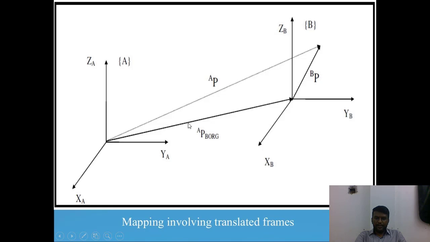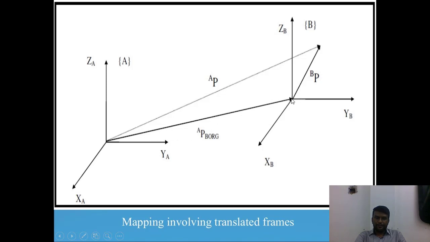This can be written as follows. First, PBORG is the position of the origin of frame B. ORG is the origin, the origin of frame B. If we know this and this, we can get PA just with the triangle law of vector addition.